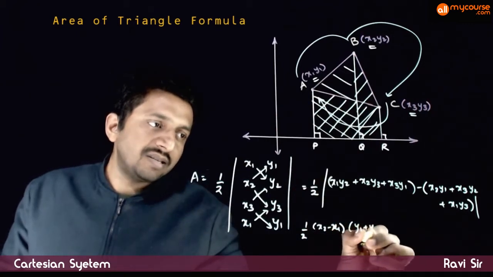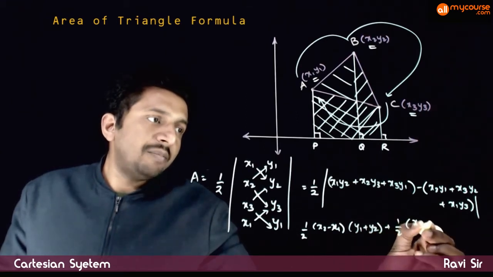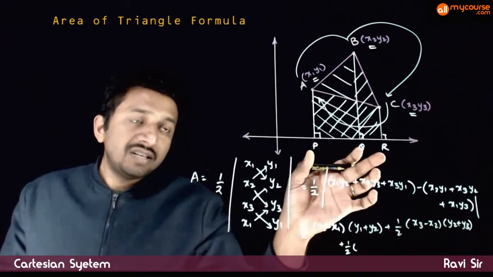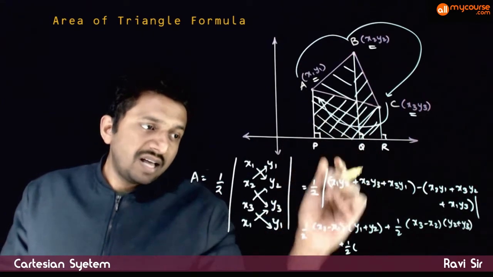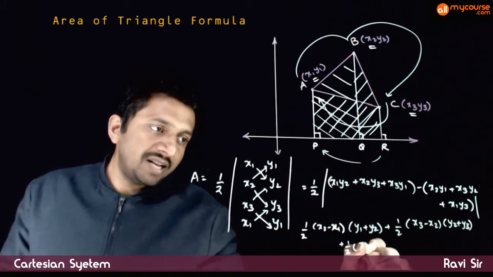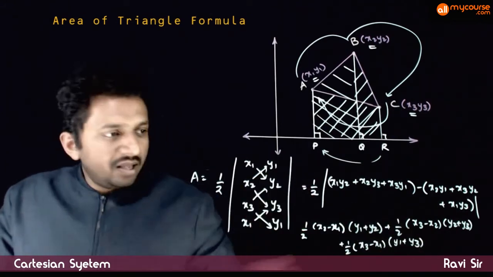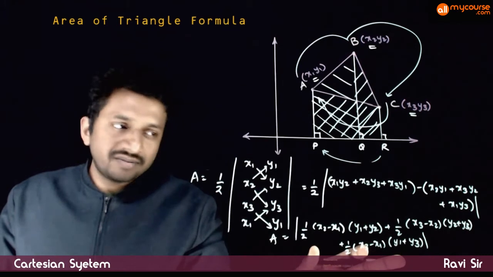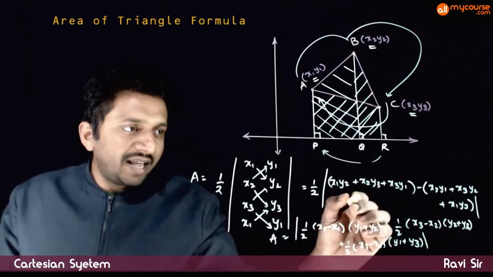So you have half times x2 minus x1 times y1 plus y2, plus half times x3 minus x2 times y2 plus y3, minus half times the area of the trapezium at the bottom, where the distance between P and R is x3 minus x1, times y1 plus y3, mod of this. So that will be the actual formula for area. If you simplify this, some terms will get cancelled, and if you group the terms, you get exactly this formula.